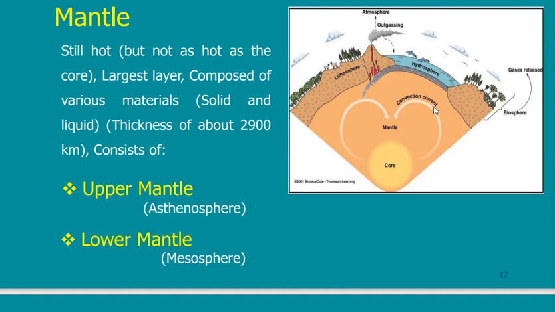Suppose you have a kettle or anything you put on the stove, on fire. What will happen? At the beginning, it's not hot, but maybe after 1 hour, all of it will be hot. So why is the core of the earth very, very hot? It is 7,000 degrees centigrade, and we are still having ice on top of the crust.